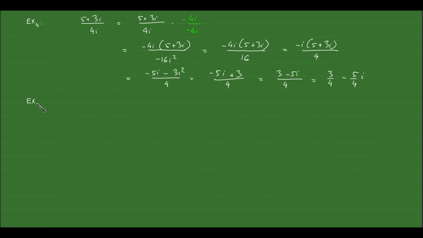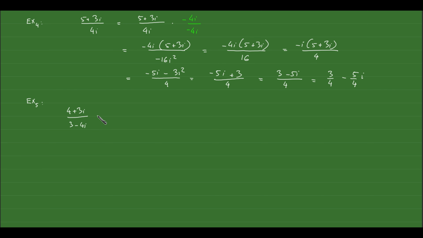Good. Example 5. Actually, all the problems use kind of the same steps, you know what I mean? How about this one over here? I have 4 plus 3i over 3 minus 4i.